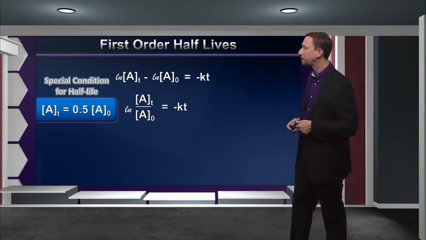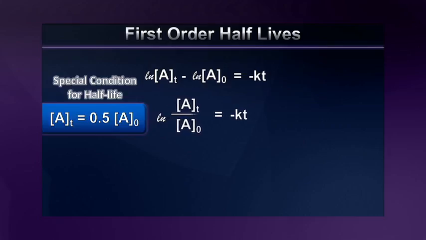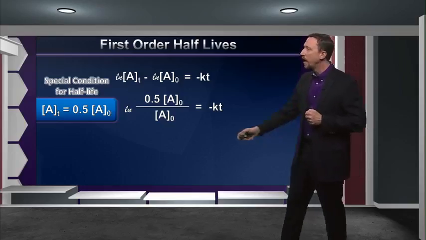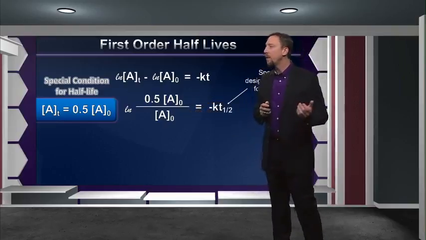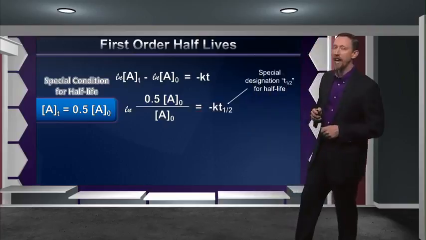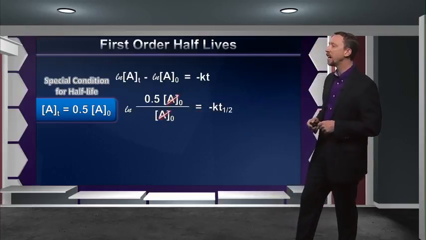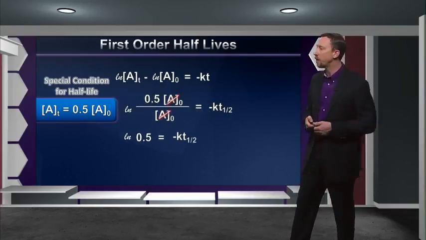This allows me to do a substitution. I'm going to substitute 0.5 A0 for the concentration at a given time. And you can see where we're going with this now, can't you? I have an A0 in the numerator and an A0 in the denominator. They will cancel out, but only in this case when I use t1/2 to give 1/2 as that term.